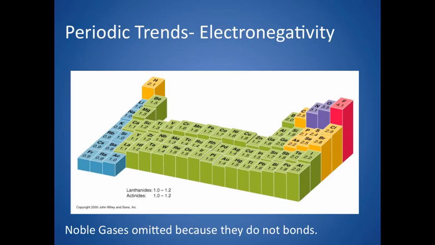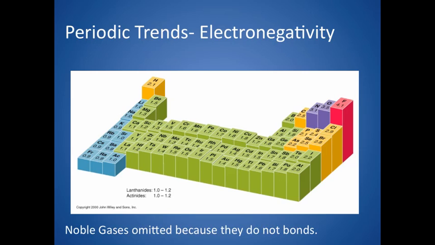And so again, this is just a visual. Also, we leave noble gases off because noble gases already have their s2p6 outer configuration, and so they actually don't form bonds. Since electronegativity has to do with the attraction of electrons within a compound, and noble gases don't really bond to a significant degree, they're left off that list.